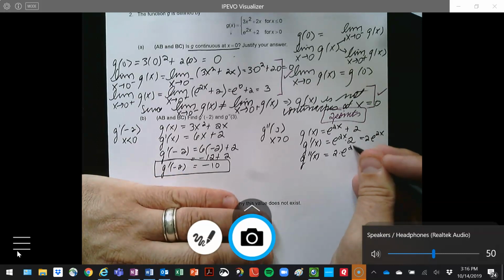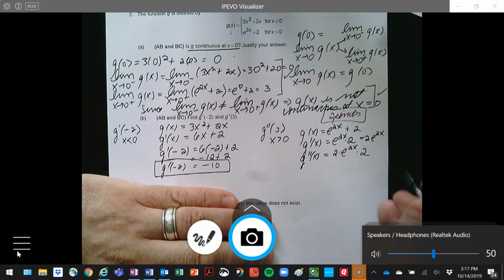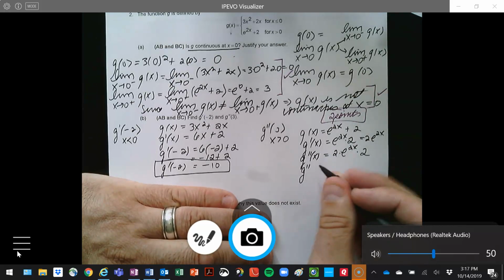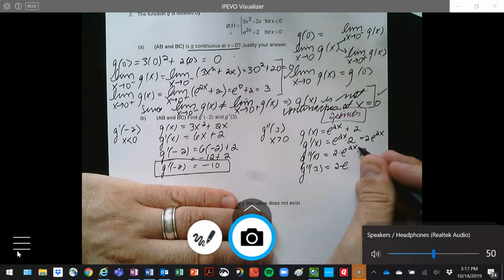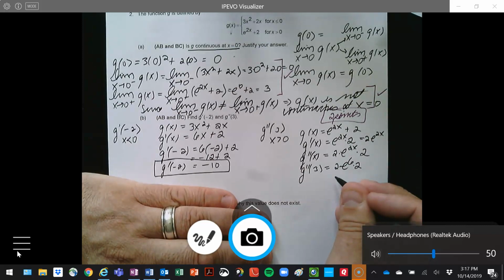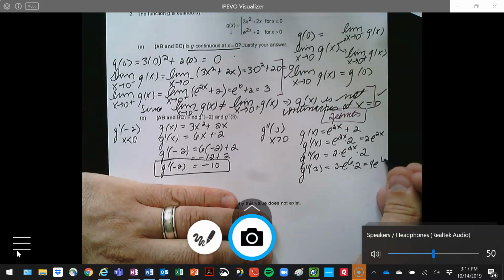Well, that's 2 times e to the 2x times 2 again because of the chain rule. So g double prime of 3 is 2 e to the 2 times 3, which is 6, times 2, which is 4e to the 6th power. That's g double prime of 3.